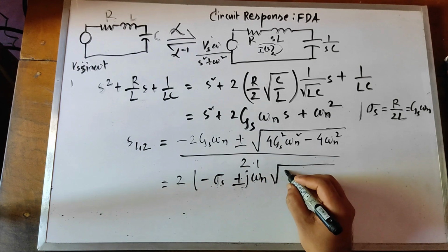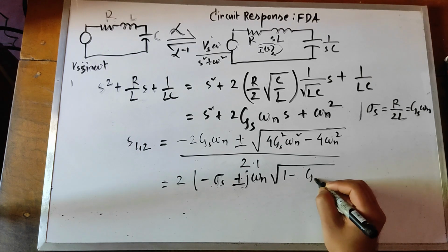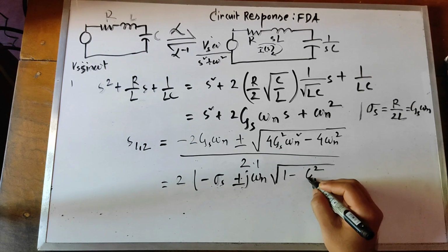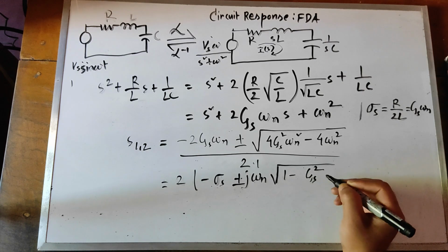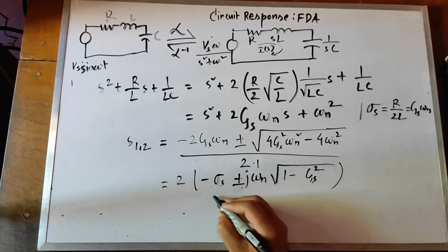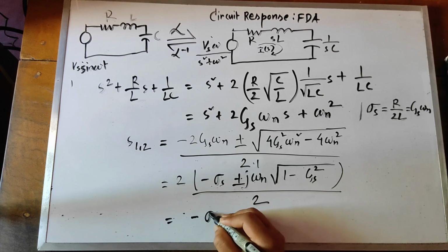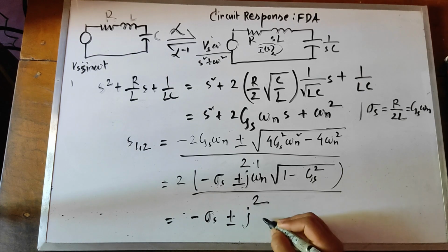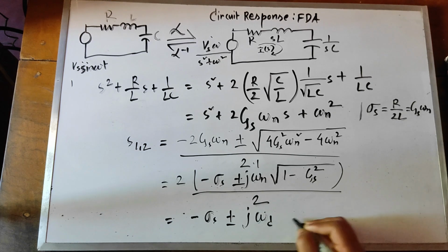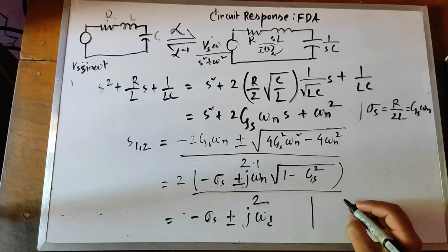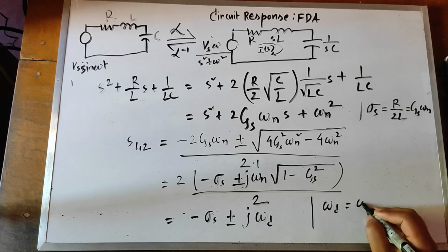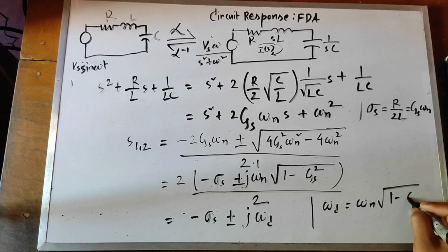So this will be 1 minus zeta square, by 2. So minus sigma plus minus j, this is the damped natural frequency. So this is the damped natural frequency, where omega d is omega n root over 1 minus zeta square.